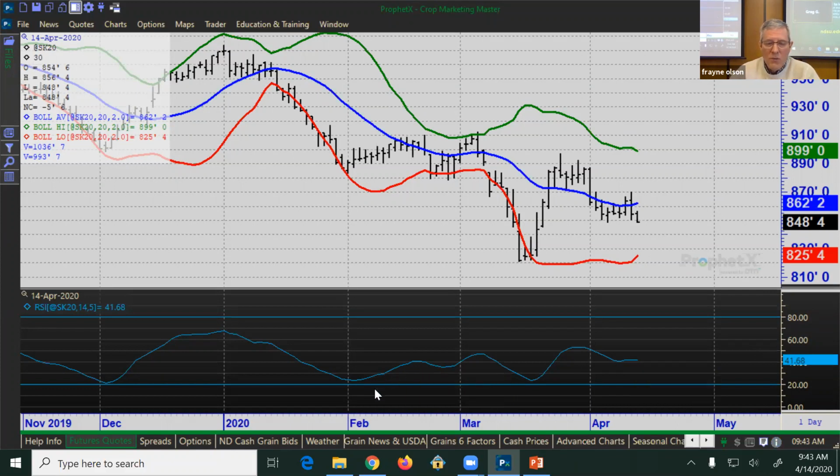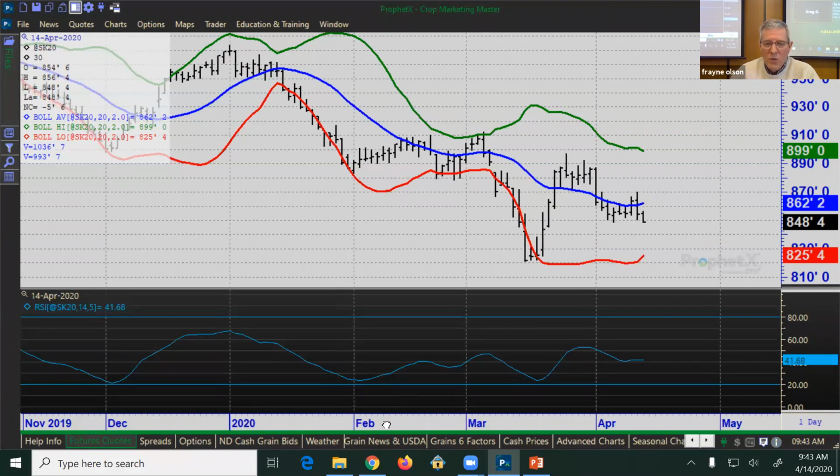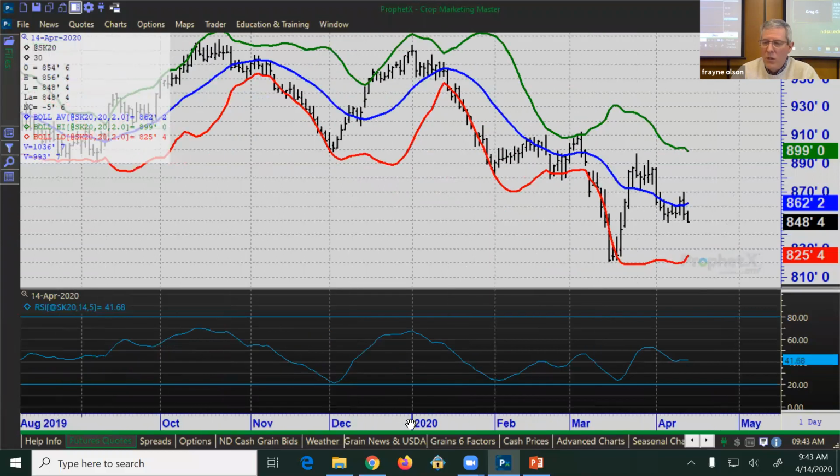If we look back historically here, I'm going to shrink this up a little bit, it's very rare for this indicator to get to 20 or below, and it's very rare to see it up near 70 or touching 80. So this provides us an indication of movement. You may have heard the term overbought or oversold.